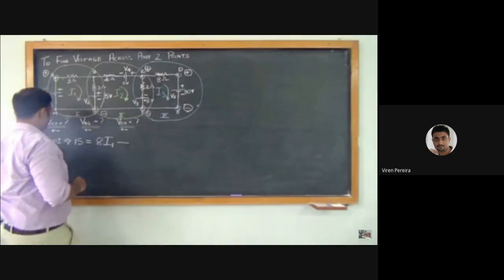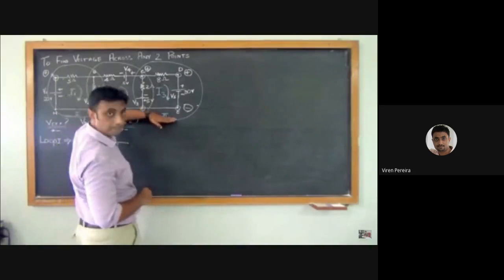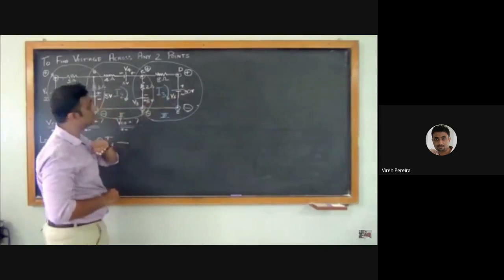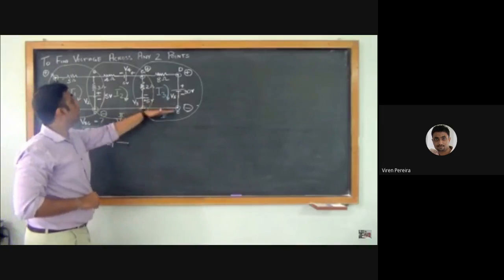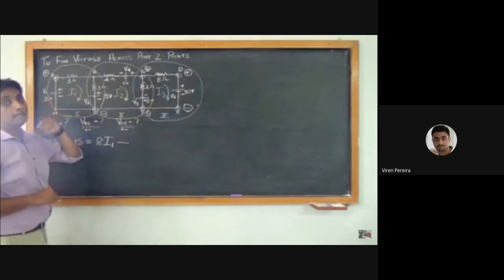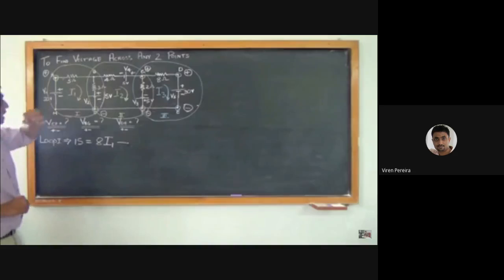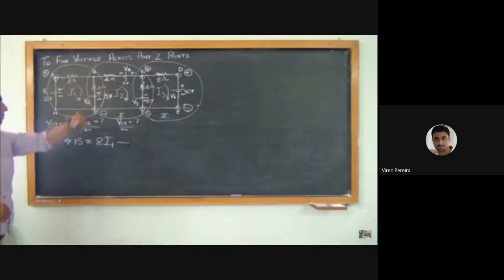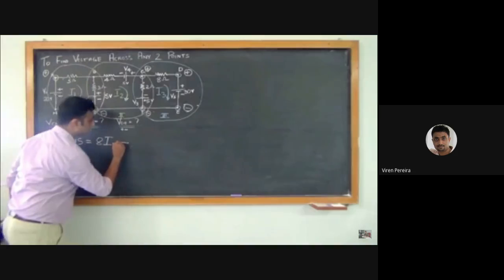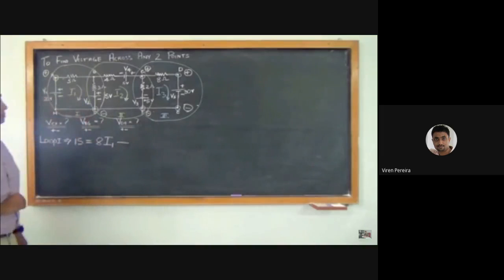If I'm taking the loop 3 equation, in the same way, my I3 will always be positive, but others will be negative. So any other current which is not pertaining to that loop will be taken with a minus sign. In the shortcut method, you can directly write a minus sign here.